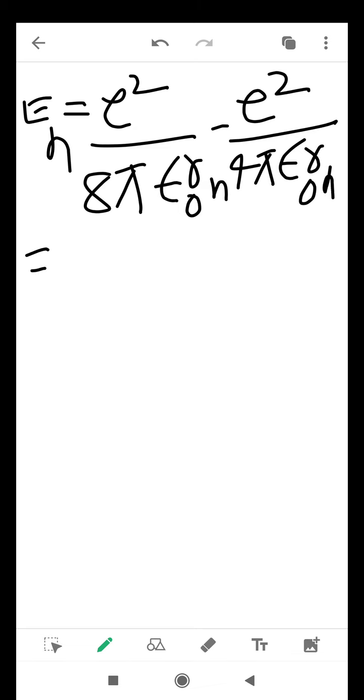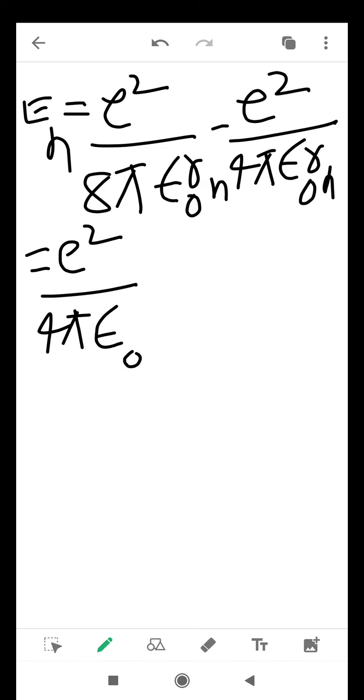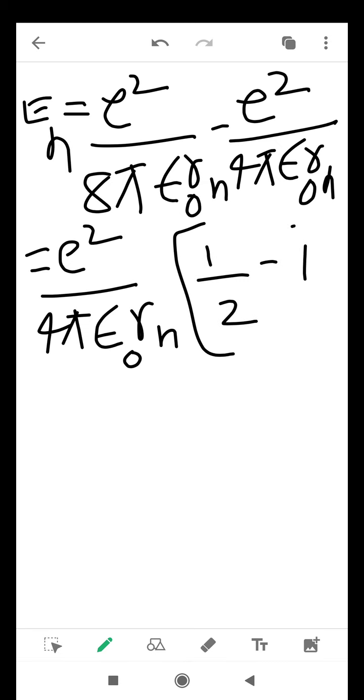Now let us take the common terms: e square divided by 4 pi epsilon naught into Rn. We are left with 1 by 2 in the first term and 1 in the second term, so the value of the bracketed term will be minus 1 by 2.